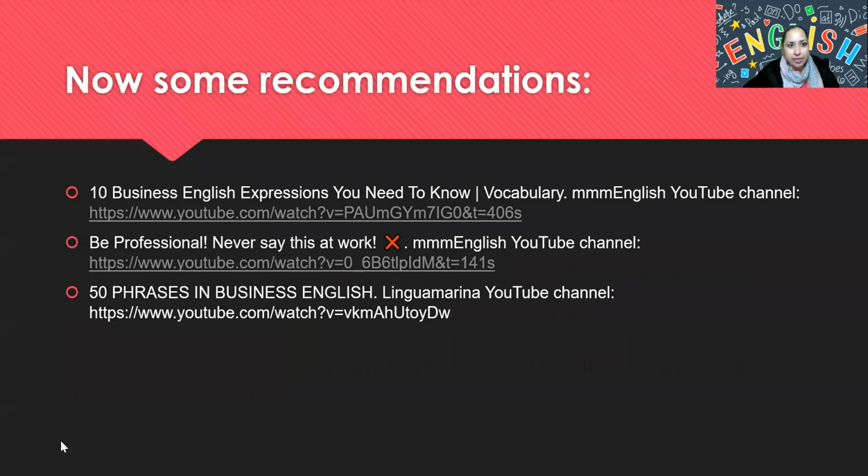Next one. So we finished with this one for today. I'm also recommending some recommendations. When you go and click on these ones, the first one is very easy to understand, very simple. It has more phrases than what I just touched today. It's easy to understand because she has kind of an English accent.